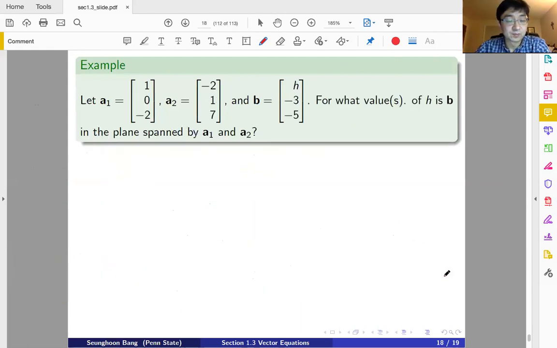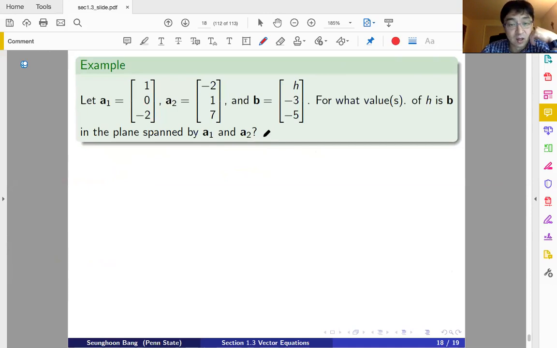The next example. A1, A2, B is given. For what values of h is vector B in the plane spanned by A1, A2? So how can you do that? The exact meaning is whether the vector B is a linear combination of A1, A2 or not.